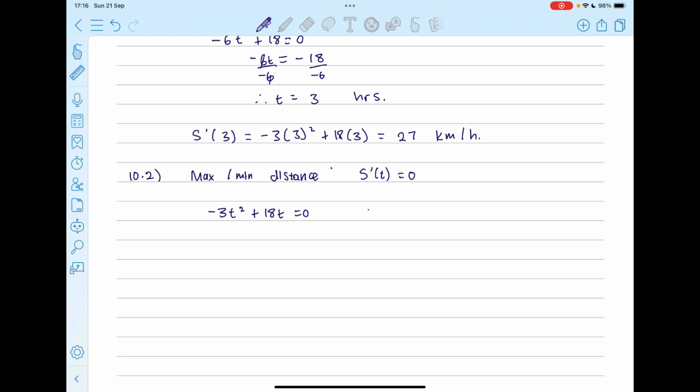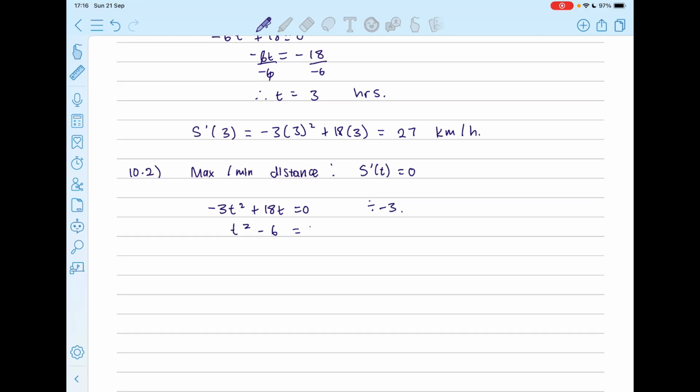So we can divide everything by negative 3. That will then allow us to just have t squared here, and the sign changes. And then here you've got 6, being equal to 0.